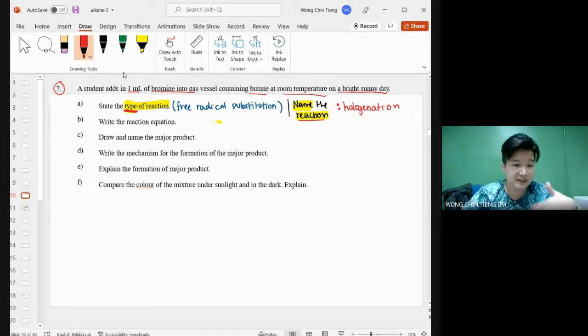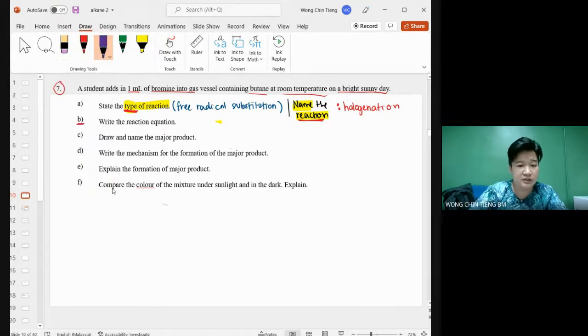Kita akan belajar banyak lagi lah along the way. Okay, that is the name. Alright, nitration, Friedel-Crafts alkylation, ada benda-benda tu. Tapi jawapan kalau name the reaction, bukan substitution, bukan addition, bukan nama tu. See the difference? Berhati-hati. Okay, read very carefully what's the question. Beza satu perkataan je.